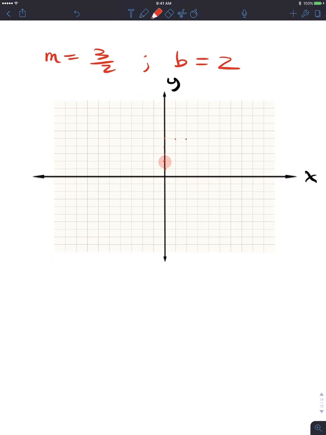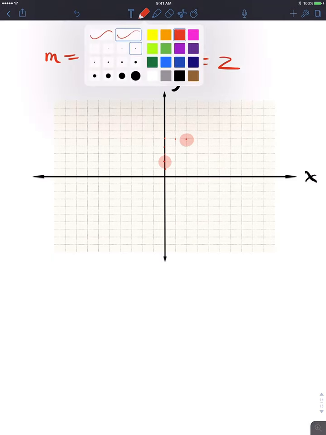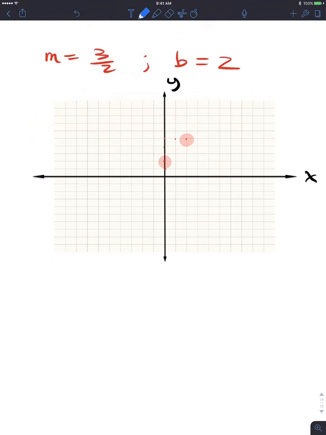This is the location of our second point. Up 3, to the right 2. Rise 3, and run 2. Let's draw our line. We have to draw this line through both of these points.